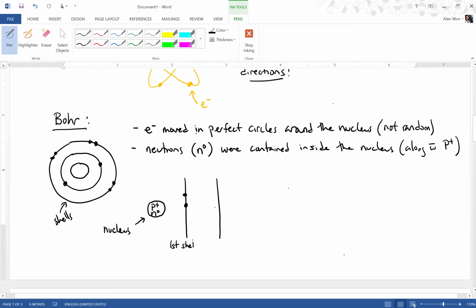This first shell is also thought of as an energy level. So we can say this is the first energy level. It can hold 2 electrons. The second energy level can hold 8 electrons. So 1, 2, 3, 4, 5, 6, 7, 8.